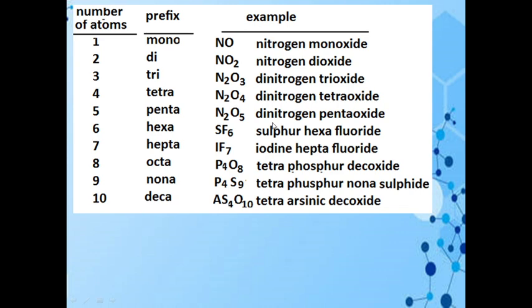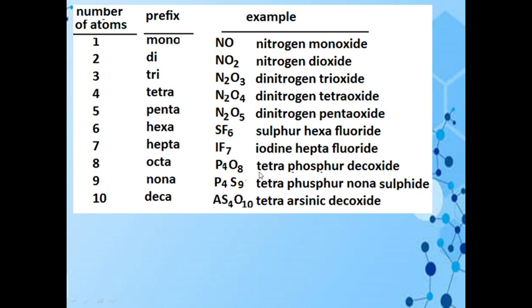Next, dinitrogen pentaoxide: this molecular formula has 2 nitrogen and 5 oxygen, so it is penta. Next, we have sulfur hexafluoride, 1 sulfur and 6 fluorine. Next, iodine heptafluoride, 1 iodine and 7 fluorine.